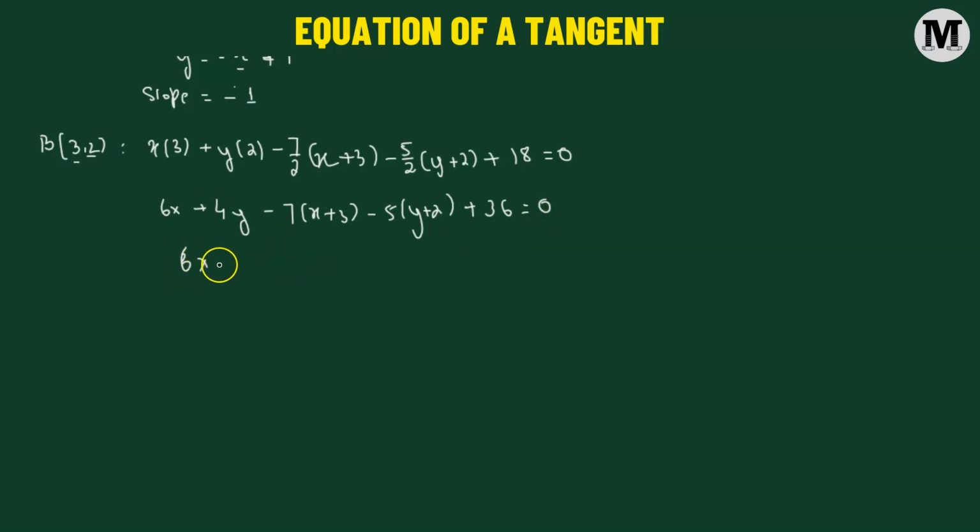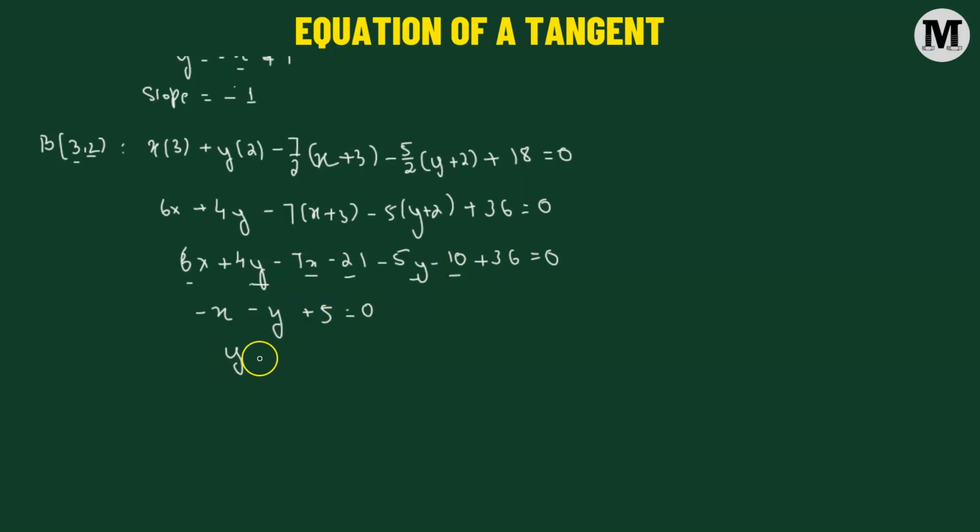So we have 6x plus 4y minus 7x minus 21 minus 5y minus 10 plus 36 equals 0. 6x minus 7x is negative x, and 4y minus 5y is negative y. For the constants, negative 21 and negative 10 give negative 31, and 36 minus 31 is positive 5, equals 0.